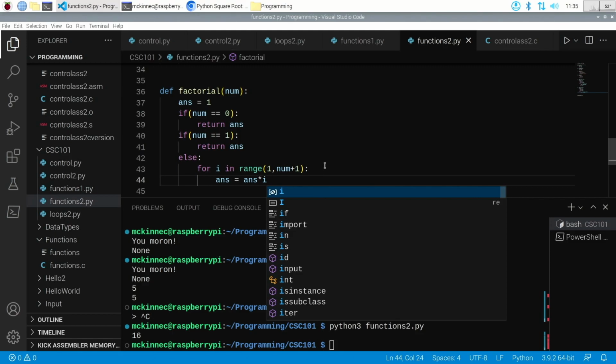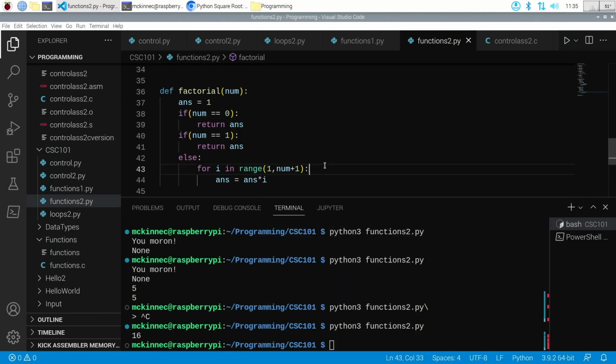Okay, so what does i start out as in this loop? 1. Okay, what is the final value of i in this loop?